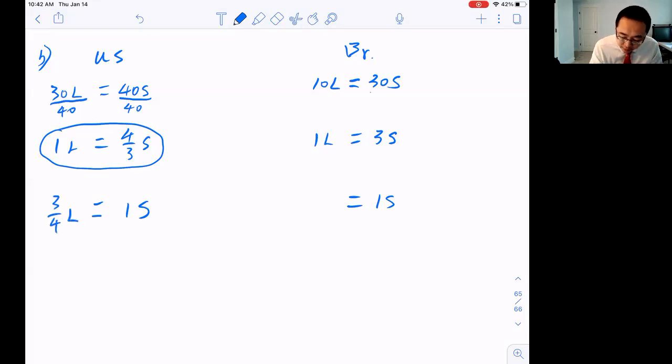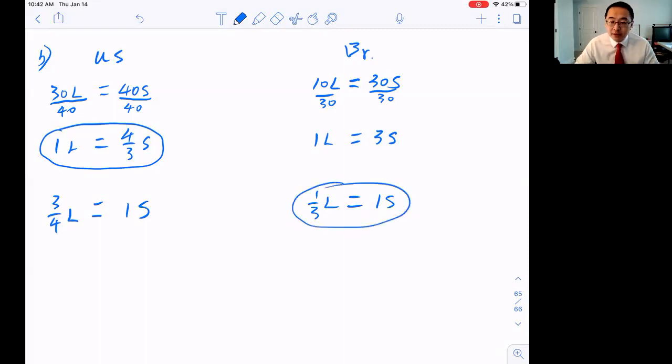In Brazil, I have to divide both sides by 30, and that gives me 1/3 of a large. So Brazil does have the lower opportunity cost here. When they make one small airplane, they give up 1/3 of a large. When we make one small airplane, we give up 3/4 of a large. So Brazil does have the comparative advantage in small airplanes.